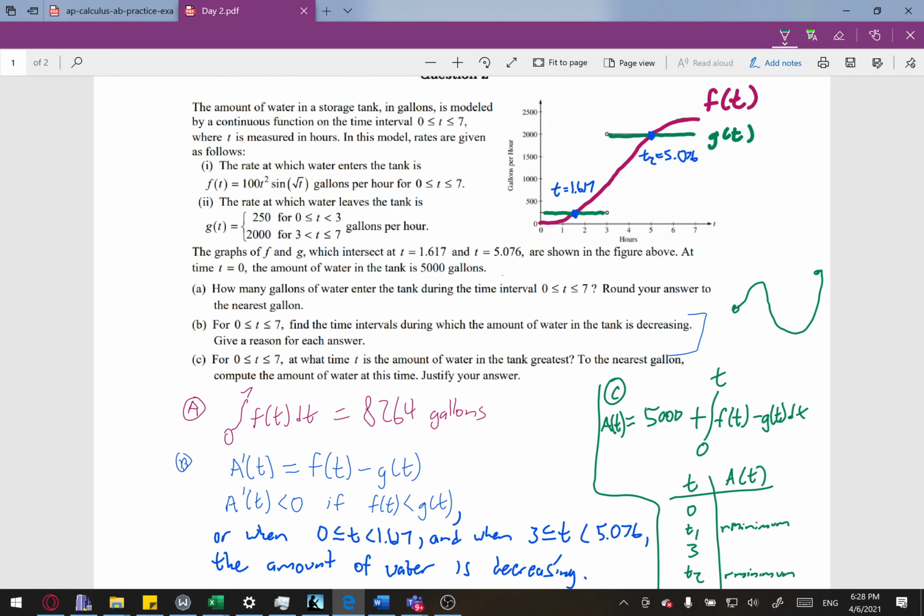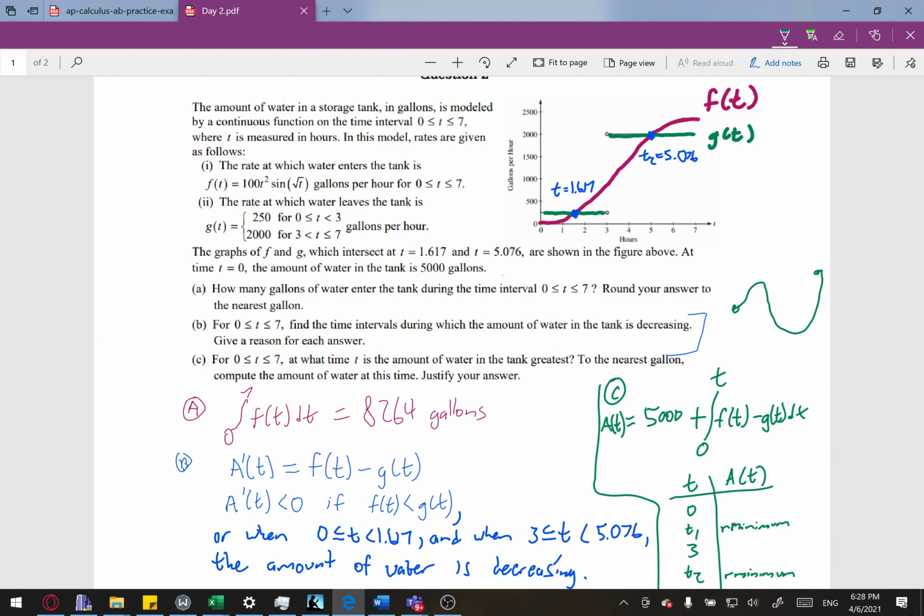Positive. After t equals 3, is it positive or negative? Oh, it's negative. Alright, so we changed from positive to negative at t equals 3. So this is a relative maximum, which means it's possible for the candidates test.